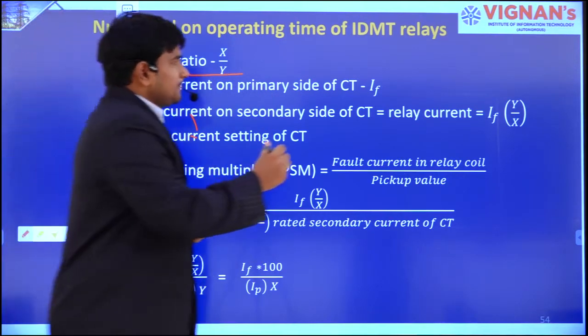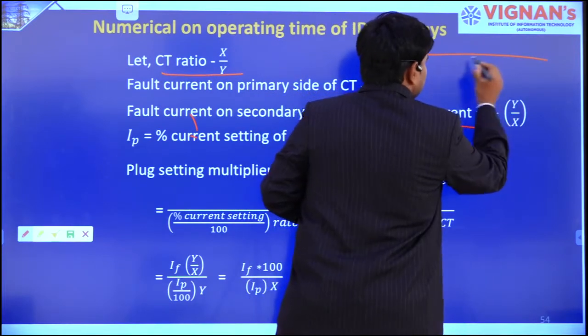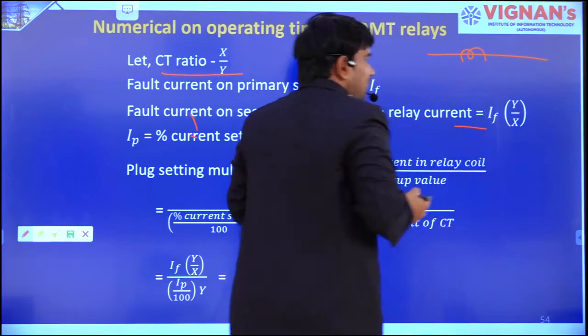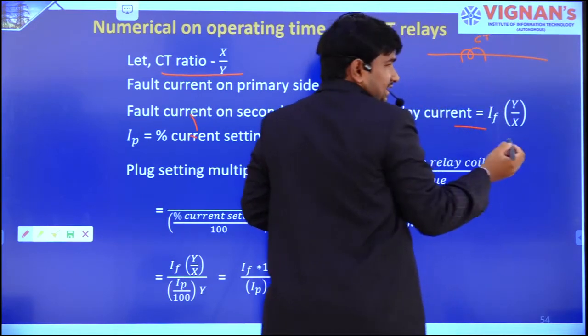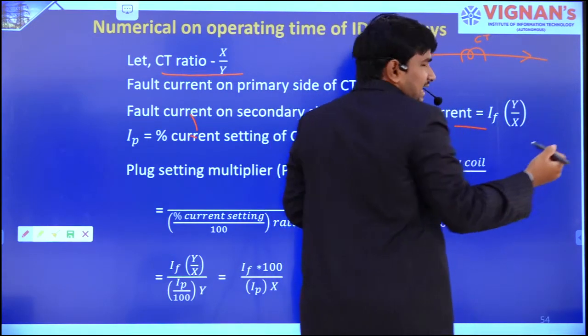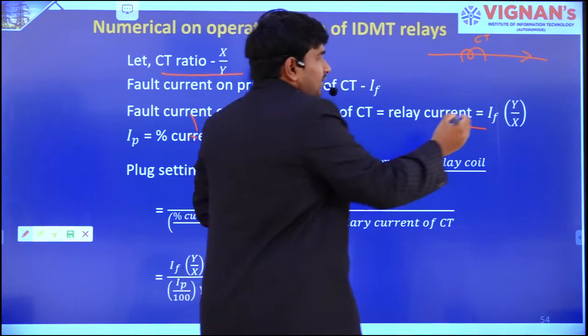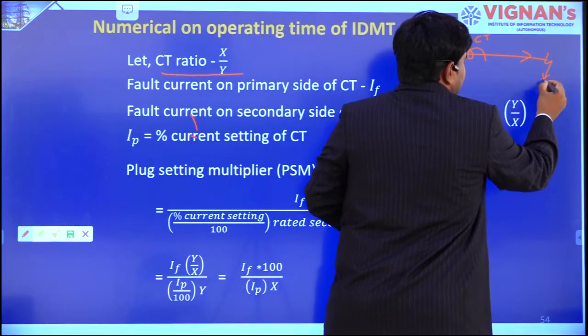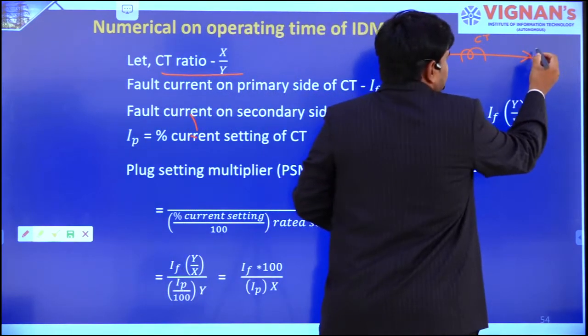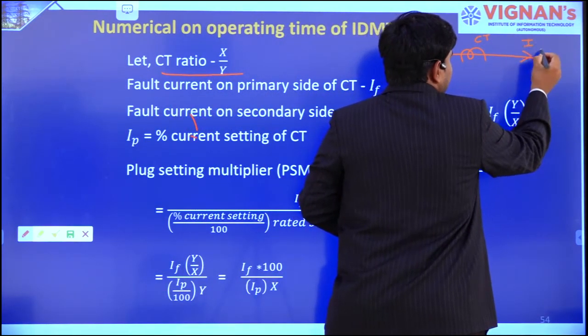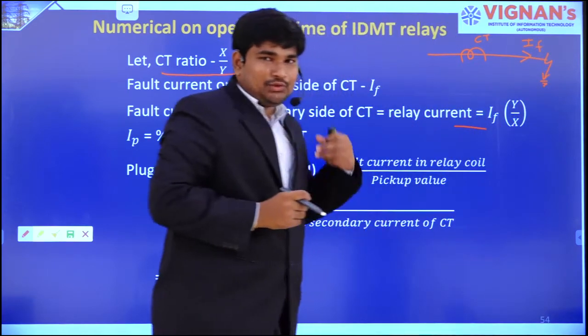For example, this is the CT and some line current is flowing through it. Let a fault occur at the far end of the transmission line, and because of this fault, the fault current will flow into the line.